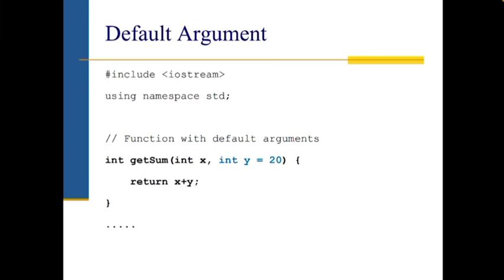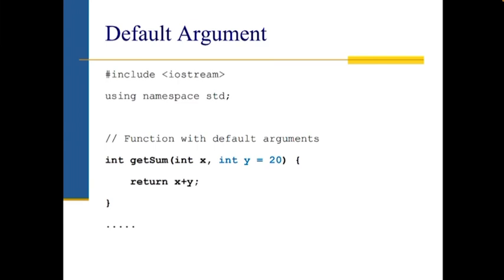So the int gets some int x, int y is equal to 20. So here is the return. So with the default argument, what you assign the value to is the definition or the declaration, the function definition. You assign the value. So this is the value 20. Then you return x plus y.